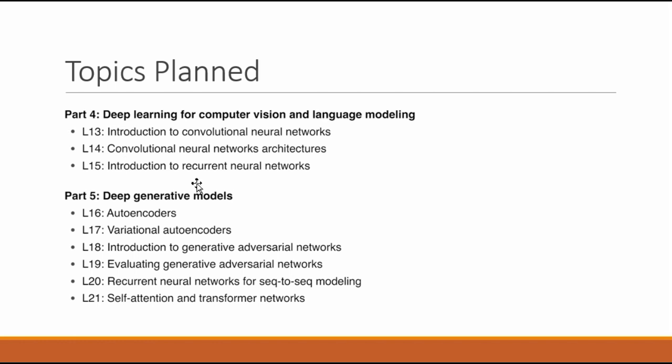Although the CNN part is also for images, you can do text transformation as well. But in short, we will focus these parts on images and these parts on text data. So we will have generative models for both images and text.